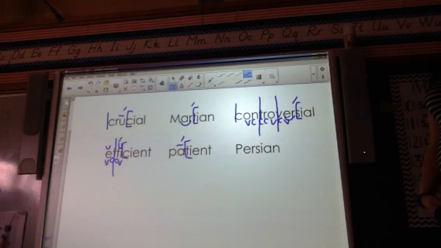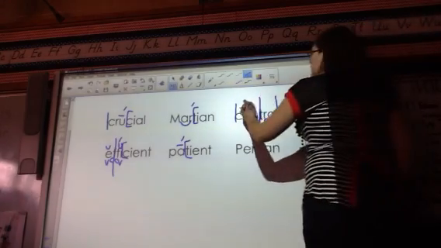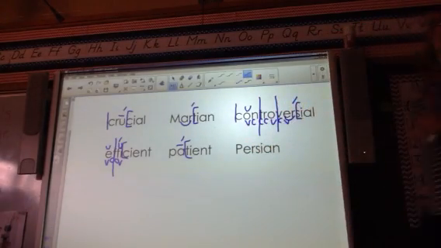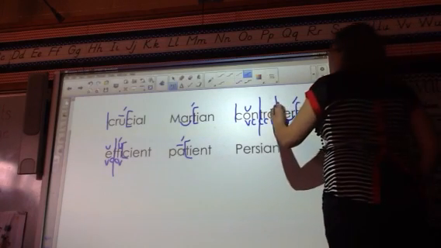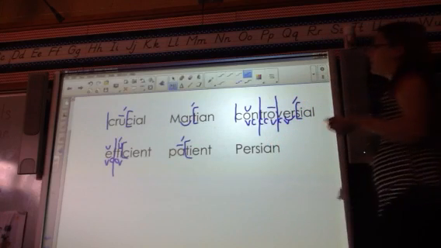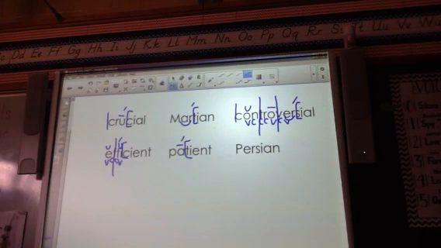What do I put on it? A breve. There we go. Now I have an open, unaccented O. How do I code that? We learned that an open, unaccented O can make the long O sound, even though it says not accented.